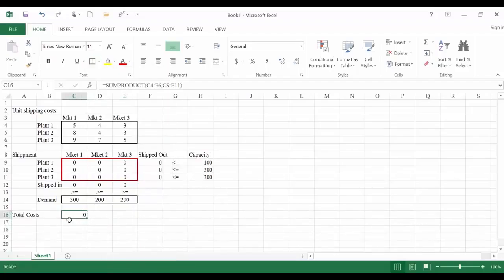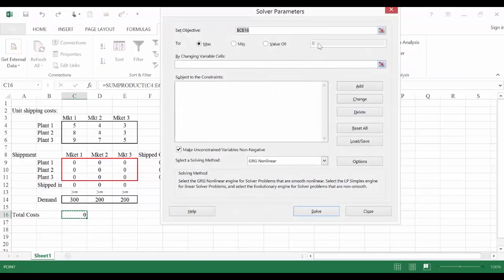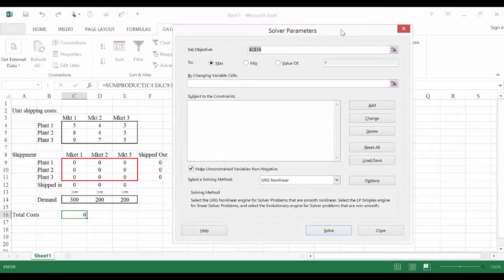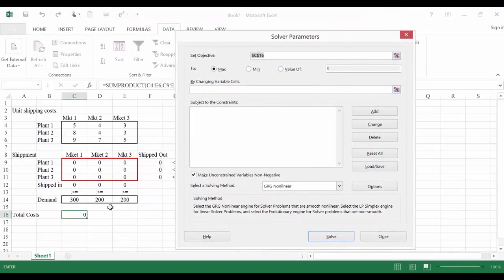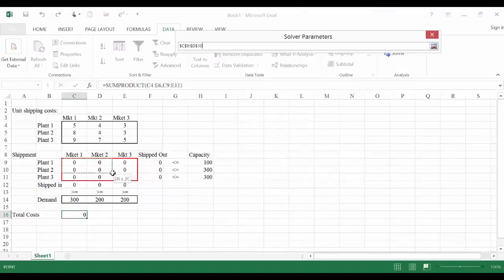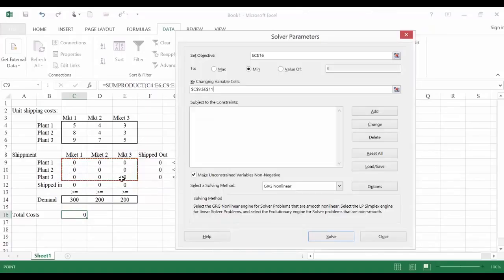After we specify the model in this format, we go to Solver. This is our objective function, the target cell here, to minimize the value in this cell, by changing our decision variables, the shipment decision variables.